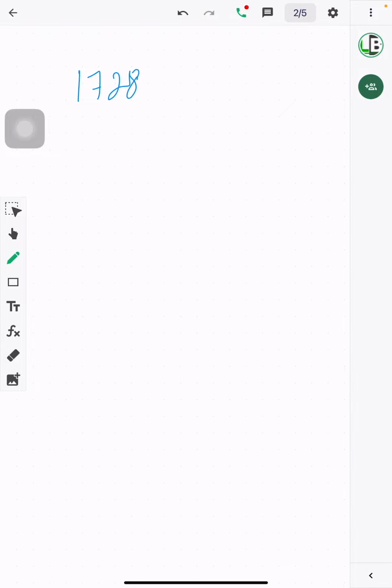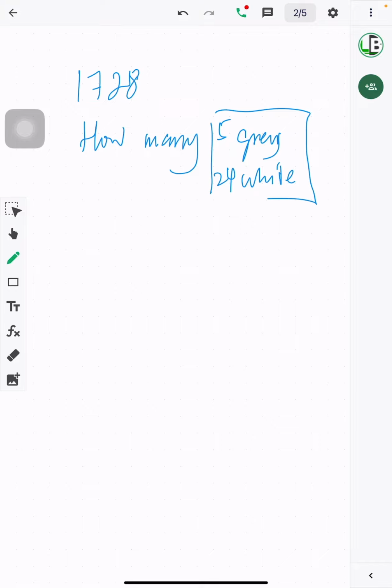I need to find out how many 5 gray, 24 white combinations. I put this as a set. How many sets of 5 gray, 24 white cubes are there? So that's actually the meaning of the question.